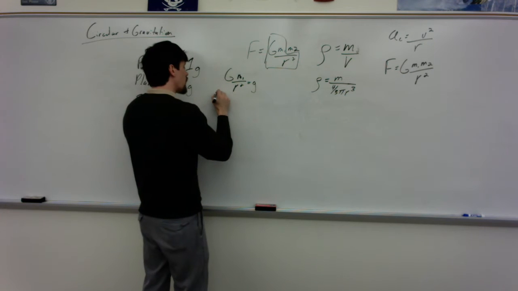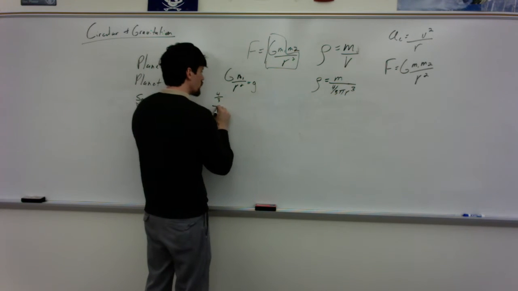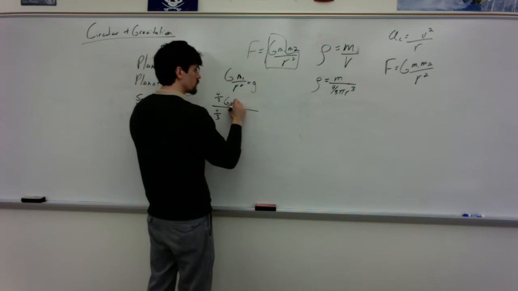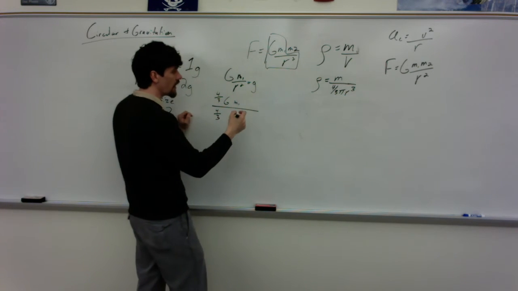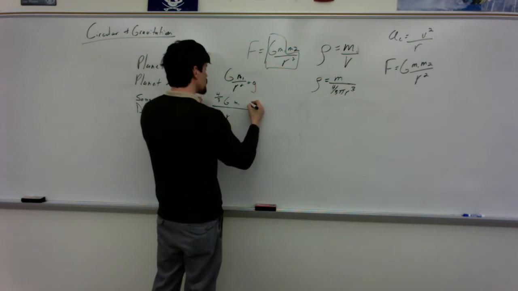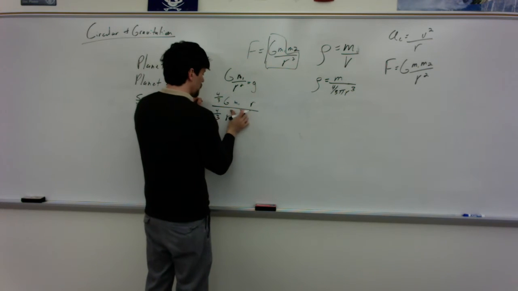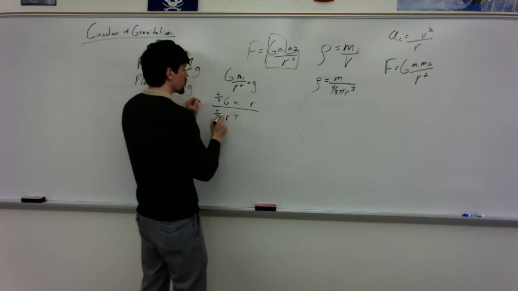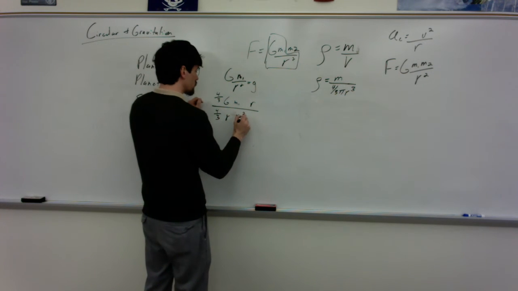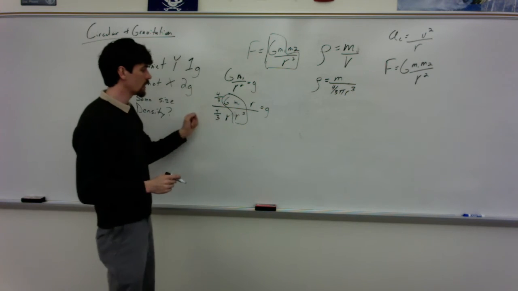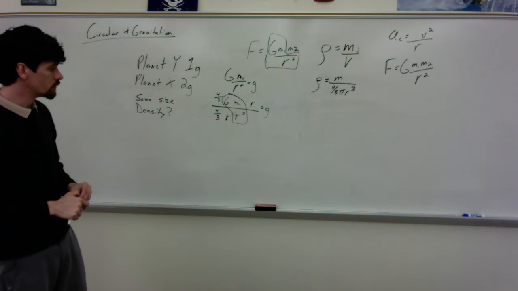So if I multiply the top and the bottom by 4/3, and that's g, and I divide by r, and I multiply by r. Okay, so this was all my original stuff, okay, to compare these ideas.